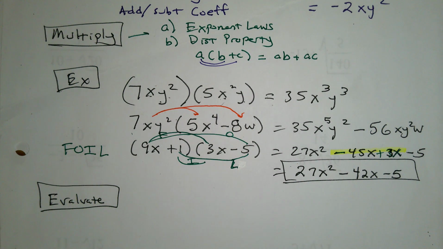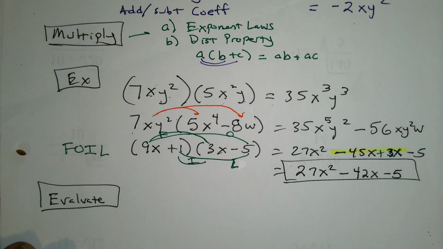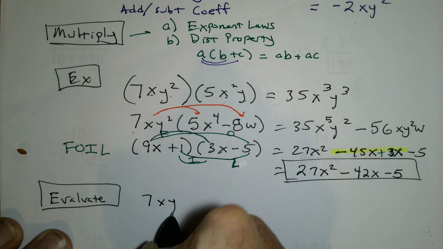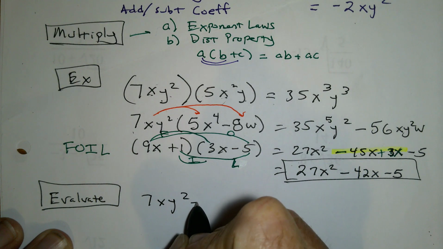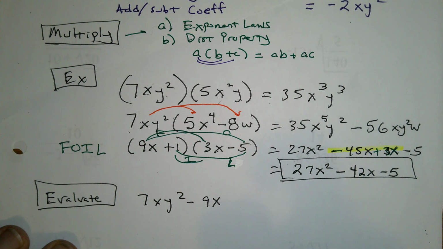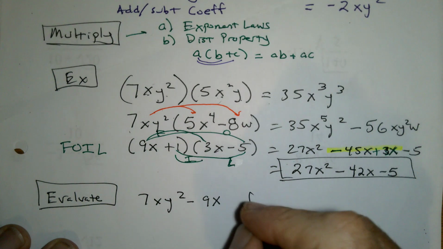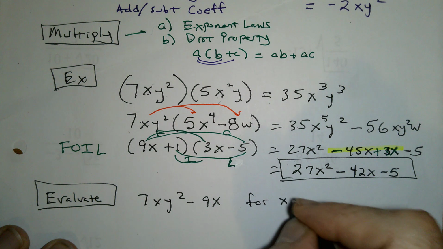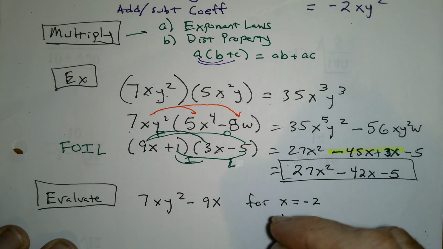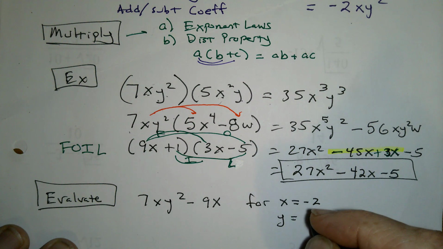For example, let's say we've got 7xy squared minus 9x. There's a polynomial. And we want to evaluate this for x equals negative 2 and y equals 3.